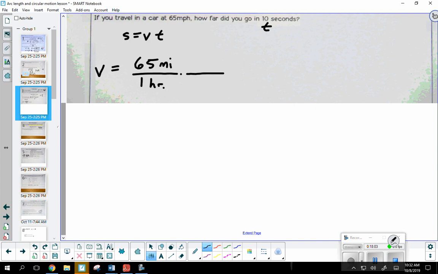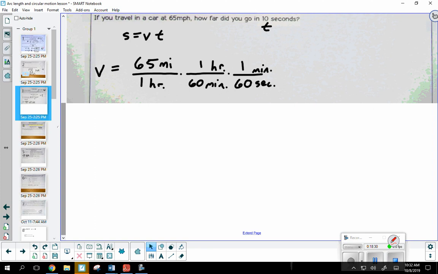Minutes. So I'm going to put the hours up top because I want that to cancel, and then I'm going to have minutes. What's my ratio here? 1 hour is equivalent to 60 minutes, times, now I want to get rid of the minutes and ultimately want seconds. So what's it here? 1 minute, 60 seconds.